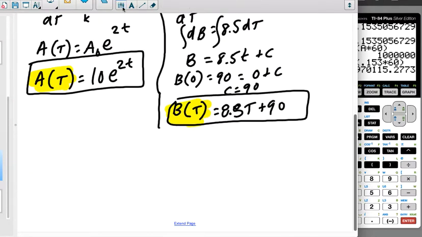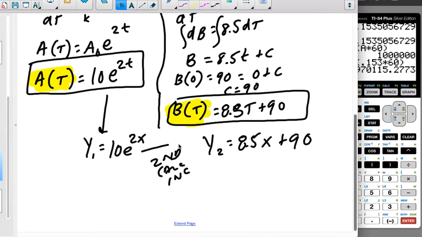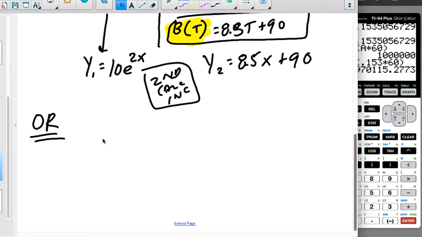So there are 2 ways to do this, right? Option 1 is to put into y1 of your calculator 10e to the 2x, because your calculator uses x, right? And to put into y2 8.5x plus 90, right? And if you do that, you're going to second calc intersect. And that's totally fine. That's one option. The other way to deal with this is to recognize that what you want is when A of t equals B of t.